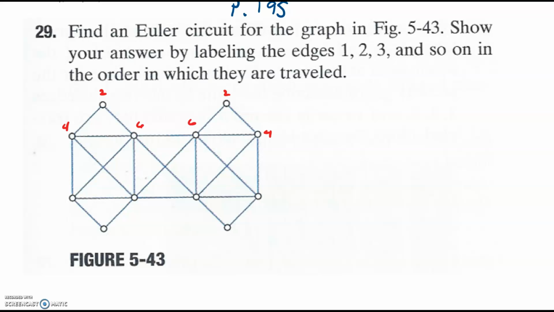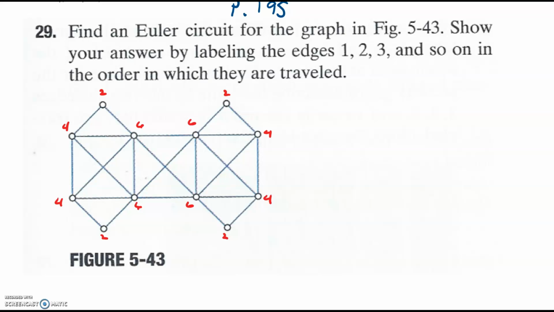Down here on the bottom, we have 1, 2, 3, degree 4, degree 6, degree 6, degree 4, degree 2, and degree 2. So notice we have all even vertices here.